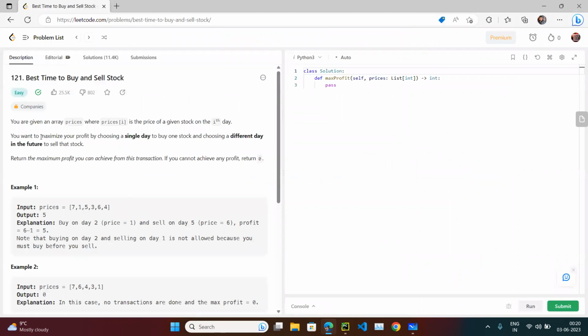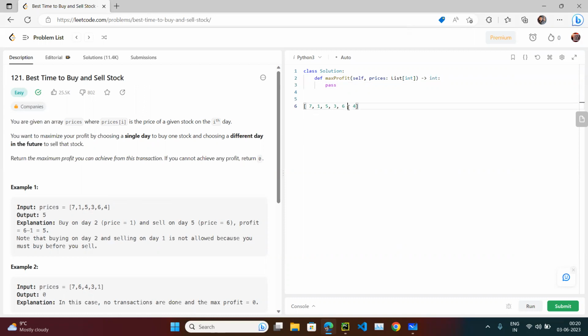So let's read the question. You are given an array prices, where prices[i] is the price of a given stock on the ith day. As an example, we have the array 7, 1, 5, 3, 6, 4.